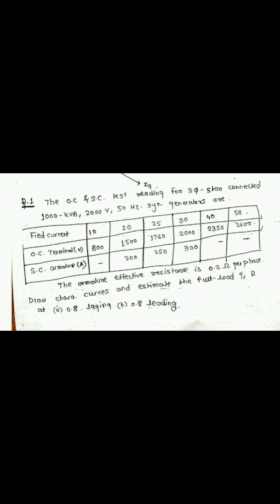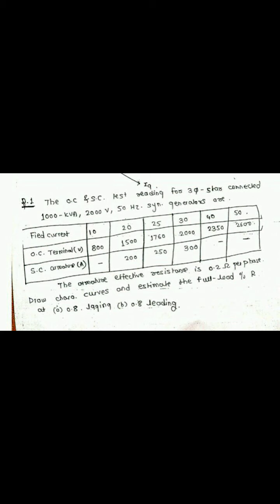The short circuit armature currents are 200, 250, 300. The armature effective resistance is 0.2 ohm per phase. Draw the characteristic curves and estimate the full load percentage regulation at 0.8 lagging power factor and 0.8 leading power factor. So this is the data available with us.